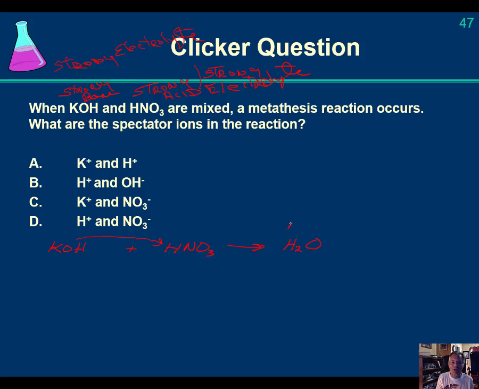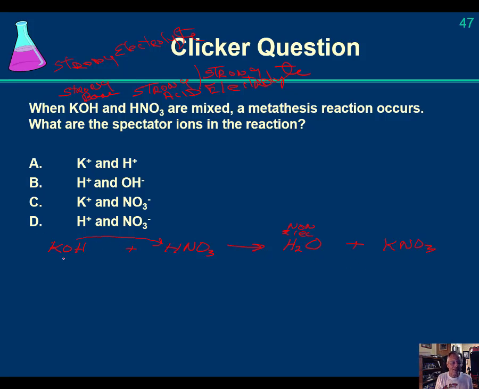This is a non-electrolyte, okay? It's water. All right, and then the potassium ion is going to get together with the nitrate, and that's going to give us KNO3, potassium nitrate. Okay, here's your molecular equation.